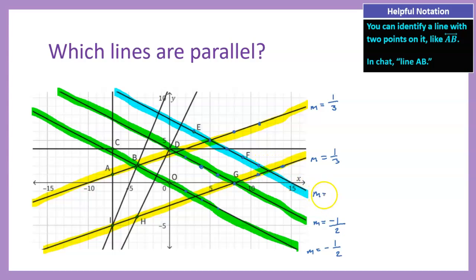This one looks like it has a slope of down 1, run of 2. That actually matches the ones we've highlighted green. So all three of these lines are parallel. Same slope, different y-intercepts. They cross the y-axis at different places, but they all have the same slope. So this blue line, this green line, and this green line are all parallel.